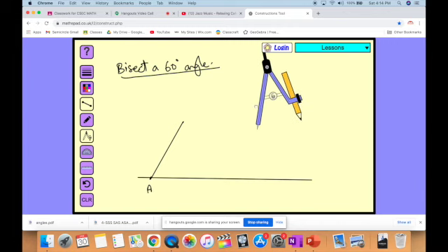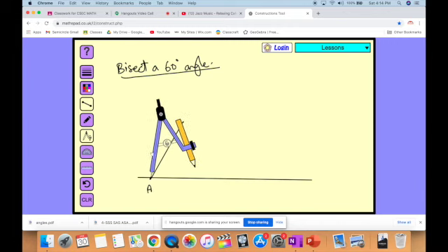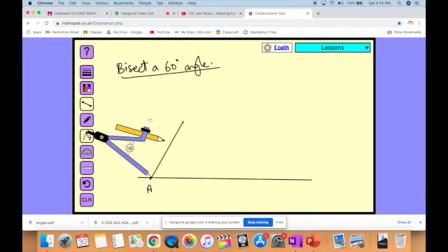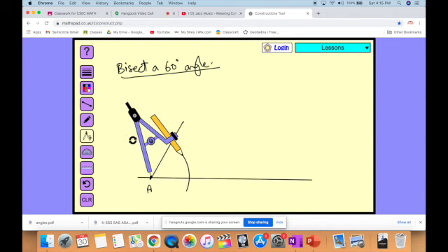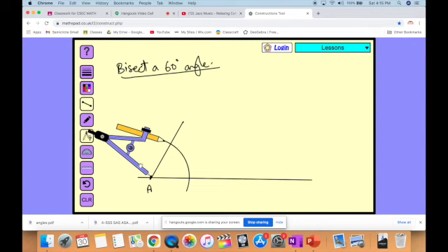All you need to do is take your compass, put it at the point A. You're opening it to any opening, right? But not too big because you want to cut both of the lines, right? So I'll open it to about here. When I open it to that, any opening, I cut both lines, right? Then I keep the same opening.